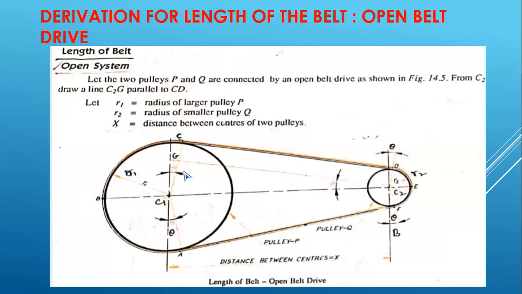It is a simple calculation: pi r1 is half of this pulley, and pi r2 is half of that pulley, x1 is the length of the belt on the slack side, x2 is the length on the tight side, and the arc of contact is theta, with cos theta because this is the adjacent side. If you substitute the values of r1, r2, x1, x2 and the angle theta, you will get the length of the belt.